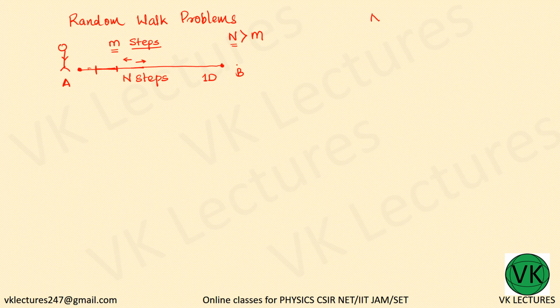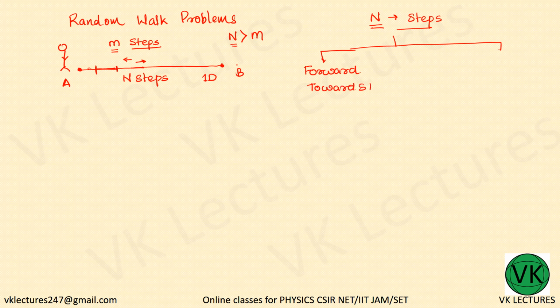So N is the total number of steps he is taking. Out of these N steps we can classify them into two different categories. Forward steps means towards B, forward in the positive direction.